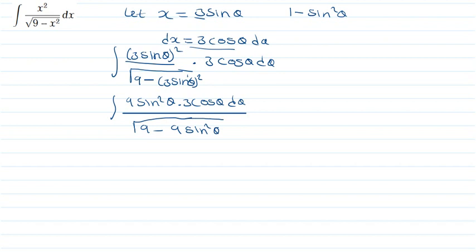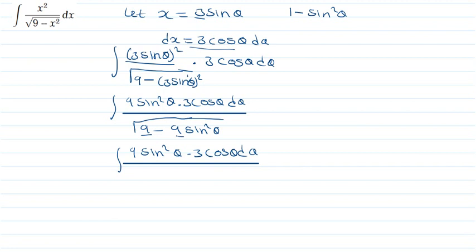With this I can simplify, meaning I'll get the integral of 9 sine squared theta multiplied by 3 cos theta d theta, then everything over, I'm going to factor out a 9 here. Since I have a 9 and a 9 here, I can factor it out.